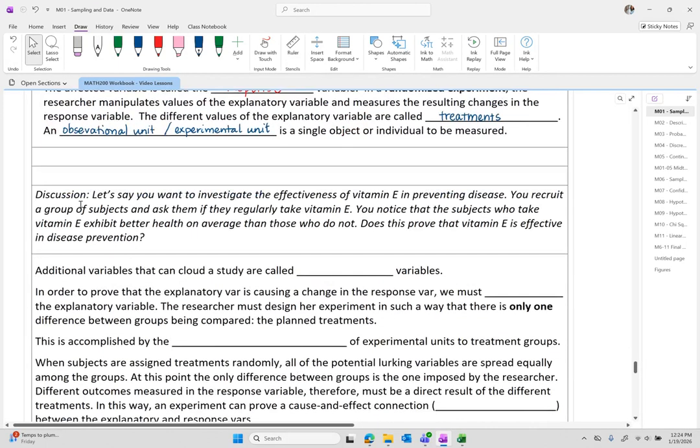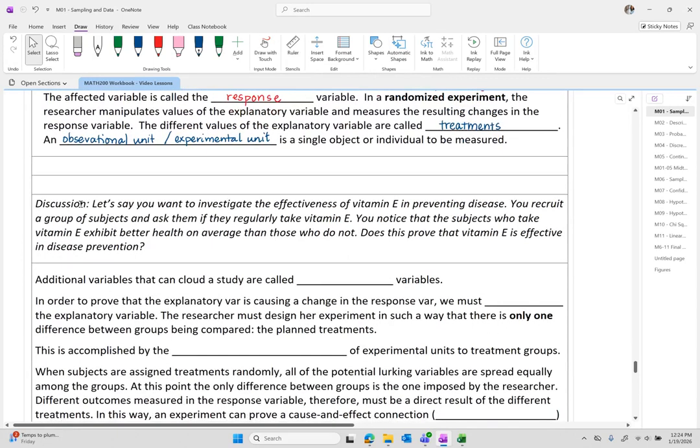So let's say that we want to investigate the effectiveness of vitamin E in preventing disease. We recruit a group of subjects and ask them if they regularly take vitamin E, and we notice that those who said yes also exhibit better health on average than those who said that they don't use vitamin E. Does this prove to you that vitamin E is the cause that can guarantee effective disease prevention?